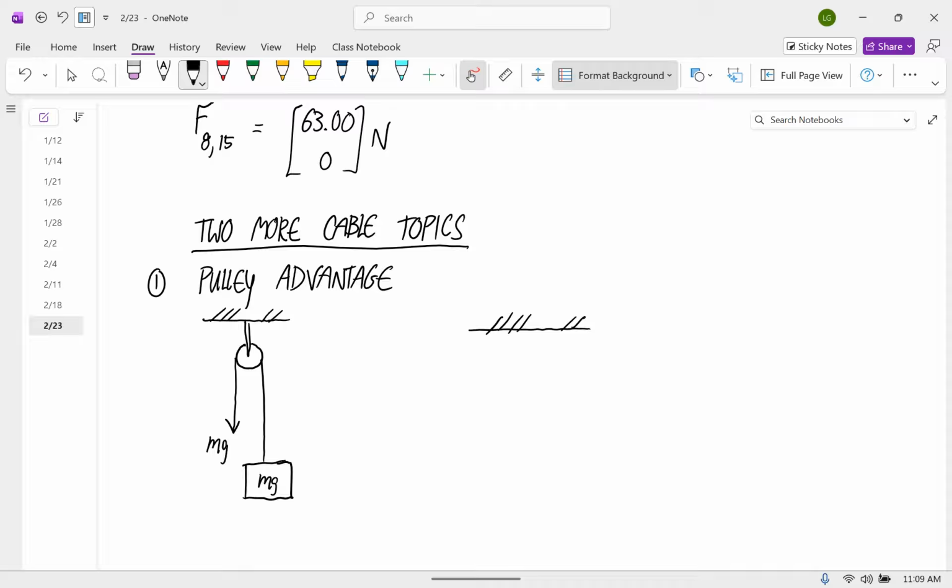So let's think of it like this. Let's say we have one pulley here that's supporting the weight mg. And a cable is going underneath that hanging pulley to support it, and then going over another pulley here.